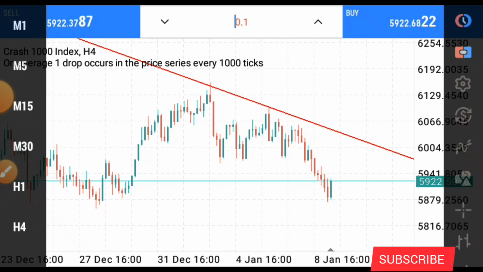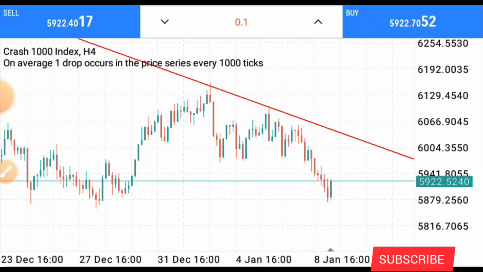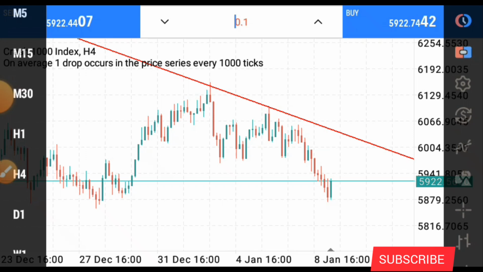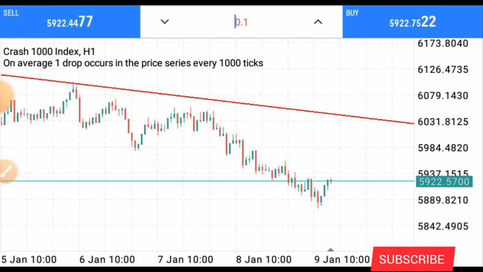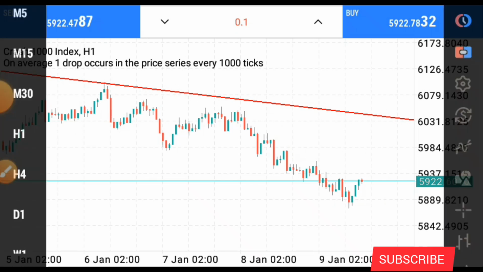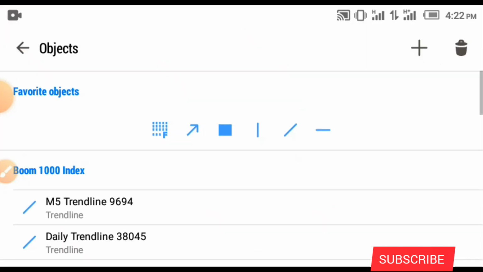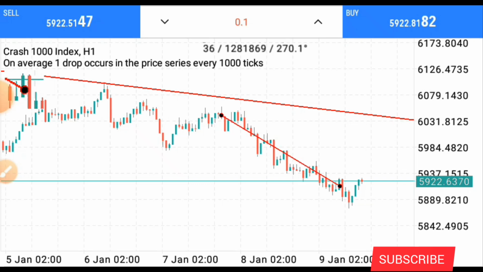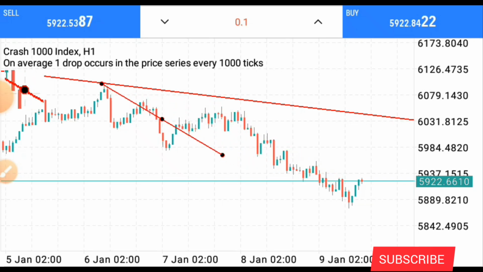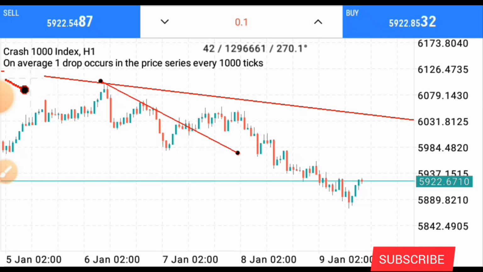Now that I've identified the trend from the daily, I step down to the 4 hours. Here on the 4 hours, I can see the price is still far from my trend line, so I'll move down to the 1 hour time frame. Here I'll try to find my trend line and draw another one close to price.